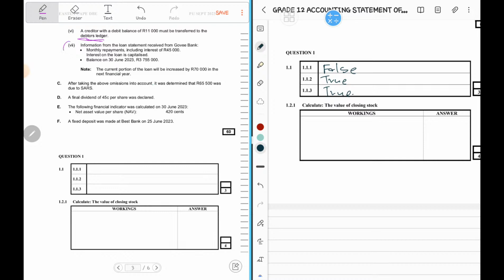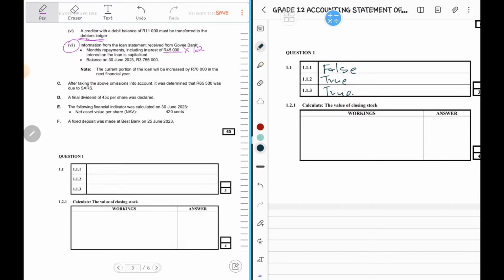Okay, then here information VII, we are being told information from the loan statement received from Hovi Bank, the monthly repayment including interest, meaning that on a monthly basis they are paying 45,000 for the loan. It means that if we want to find the annual loan repayment, we have to multiply that by 12 months.